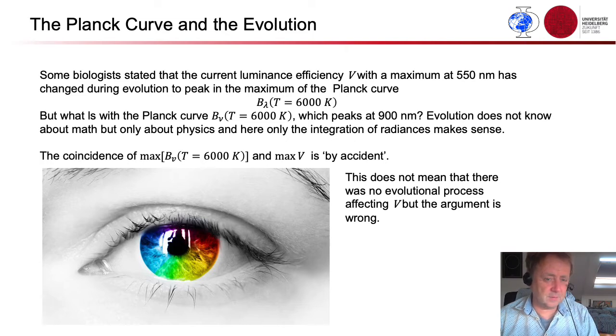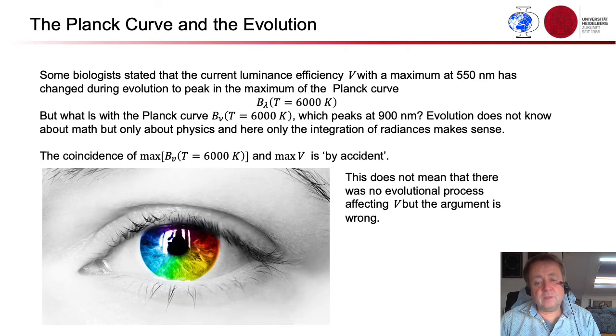So how should we understand this statement? Because evolution doesn't know about math and integrals and transformations of variables, for sure not. It doesn't prefer one way or the other. So actually, I think the only thing we can conclude from this observation is that it's just coincidence that the maximum of the frequency representation of the Planck function of 6,000 Kelvin is at the maximum of the luminance efficiency.